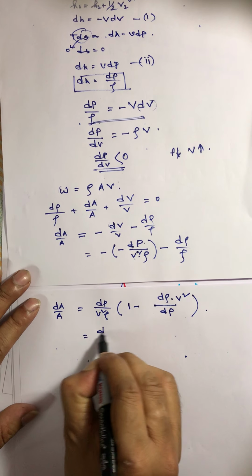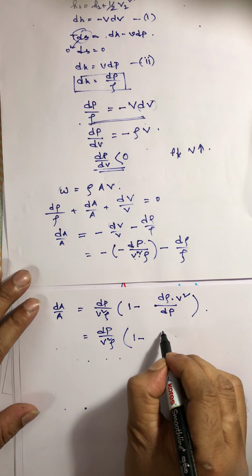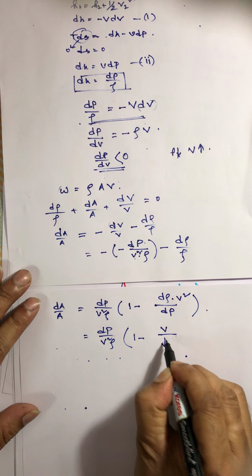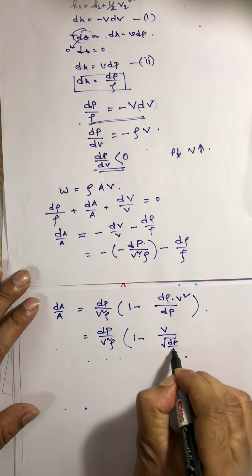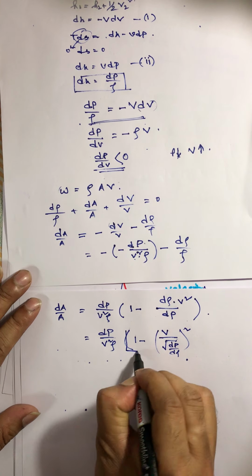So, this equation is dP by V square rho, third bracket 1 minus V by root of dP by d rho, whole square.